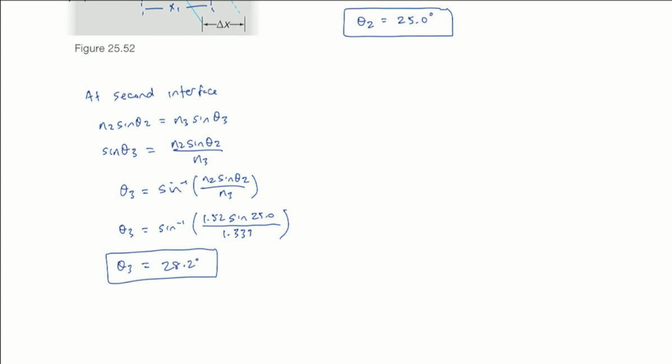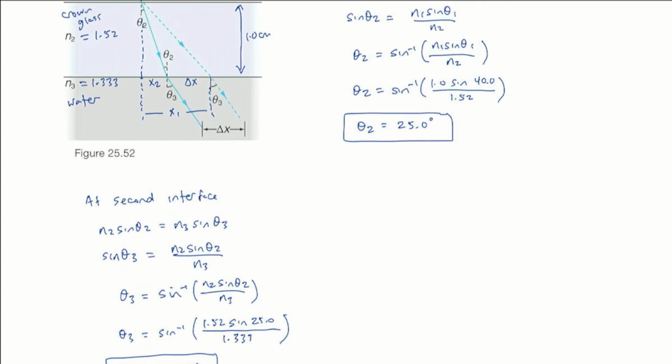So we'll draw the theta 2 triangle. It's our theta 2. This side is 1 centimeter. This side is x2. We take the tan of theta 2. We get the opposite, x2, divided by the 1.0 centimeters.